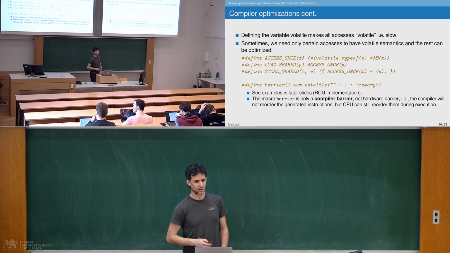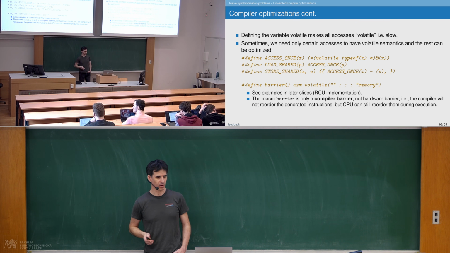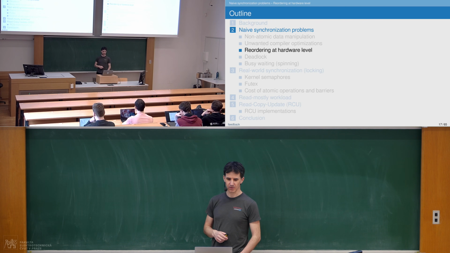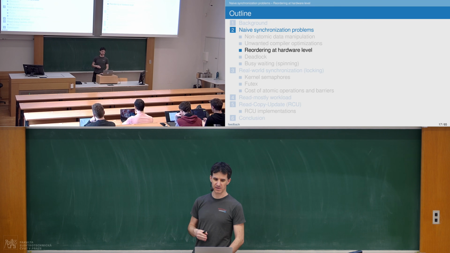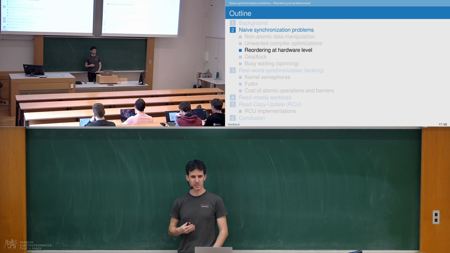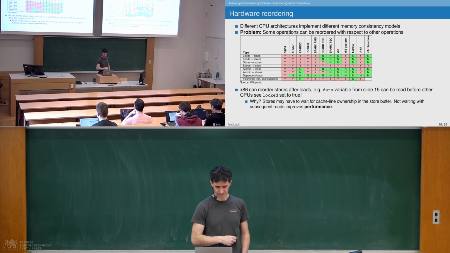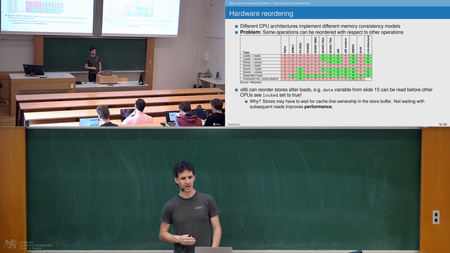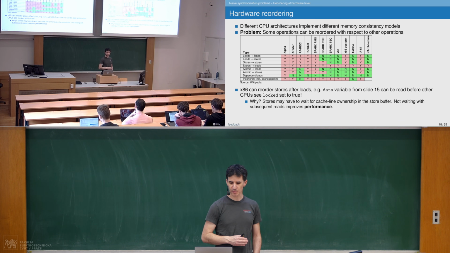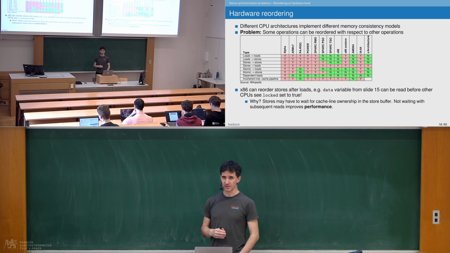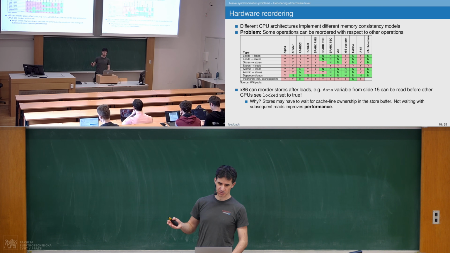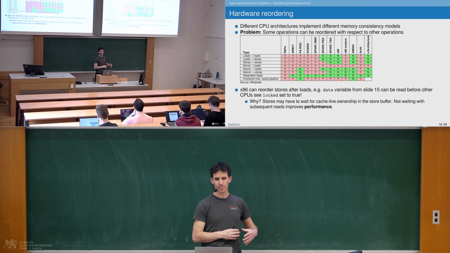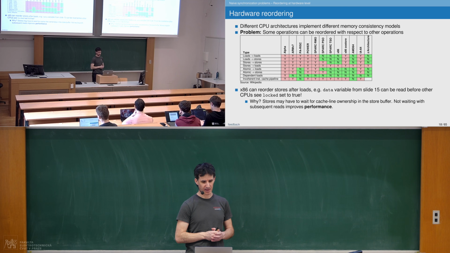So that's about compiler optimizations, volatile accesses, and compiler barriers. Now let's look at the same thing but at the hardware level. Hardware also optimizes the execution of instructions. This is a table from Wikipedia which compares different computer architectures, and they differ not only in the instructions implemented but also in the memory consistency models they implement.